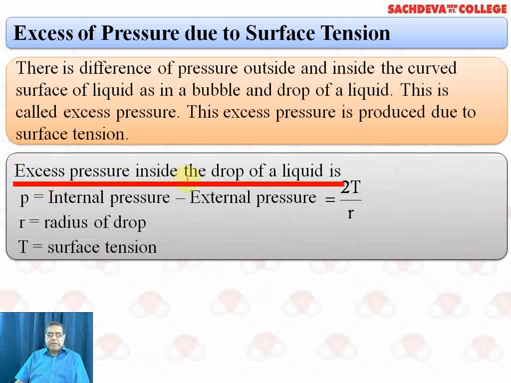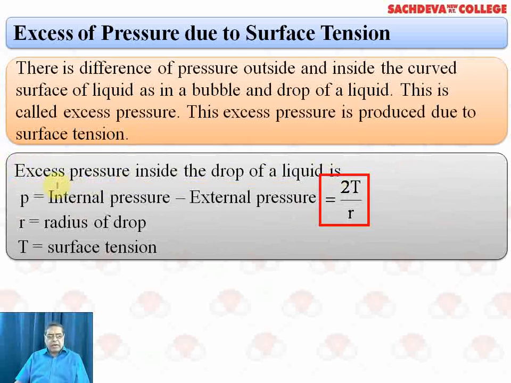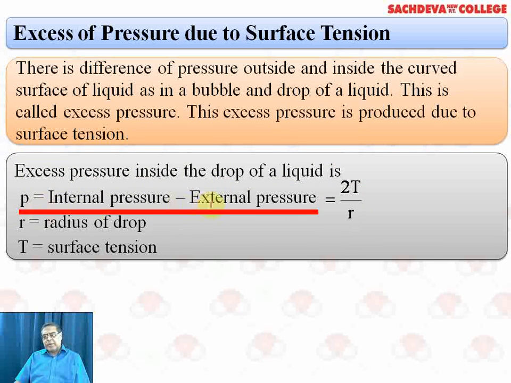Excess pressure inside the drop of liquid is given by P equals 2T over r, where P stands for internal pressure minus external pressure, and internal pressure is much greater than external pressure. So we have taken the difference of the two pressures.